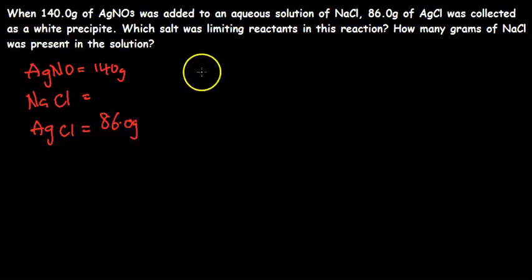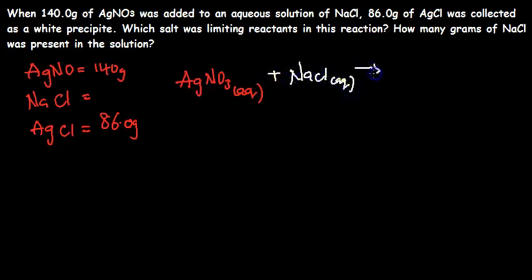Let's see the reaction. If silver nitrate in aqueous solution reacts with sodium chloride, it's simply going to form solid silver chloride and sodium nitrate in aqueous solution.